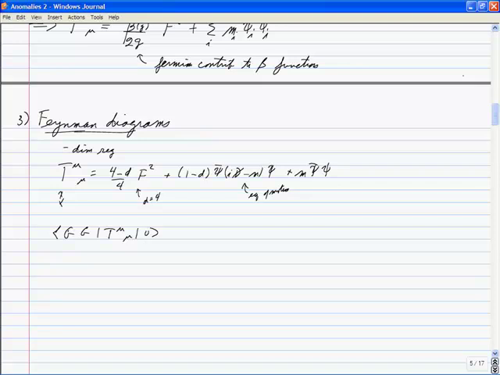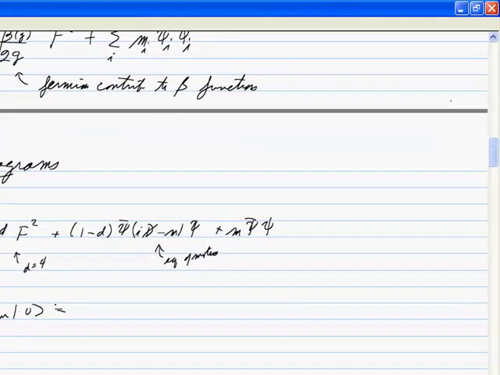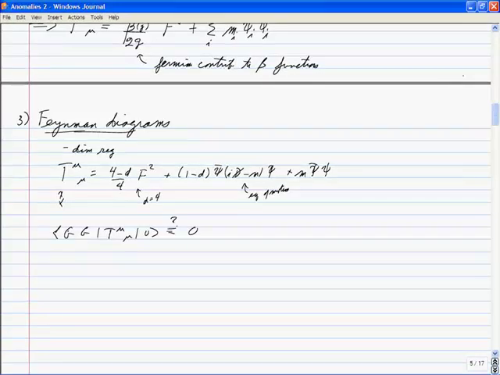Yeah, that gives you the F² term. Is that equal to 0? So if you try doing that, there's all sorts of things going on. There's lots of diagrams. But here's one of the diagrams. Here's another one.